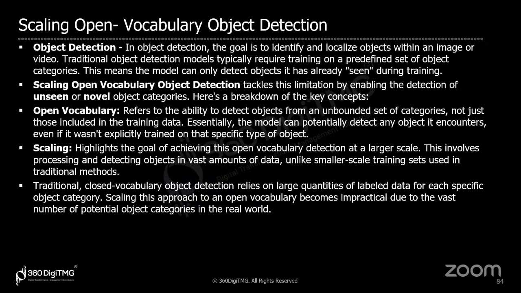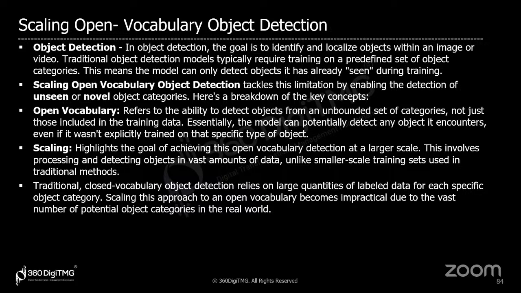Open vocabulary refers to the ability to detect objects from an unbounded set of categories, not just those included in the training data, but a model that can potentially detect any object it encounters, even if it wasn't explicitly trained on that specific type of object.